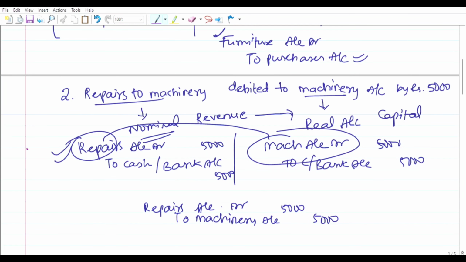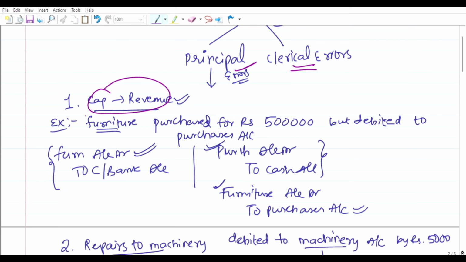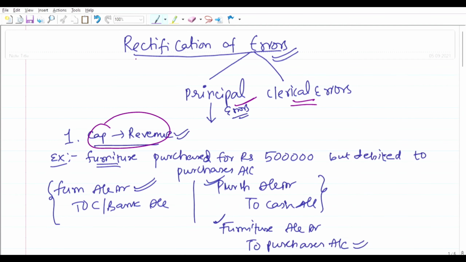These are called errors of capital and revenue nature, and we are going to discuss that topic in the next days. Principal errors are not acceptable. You have to be very careful at the time of preparation of final accounts.